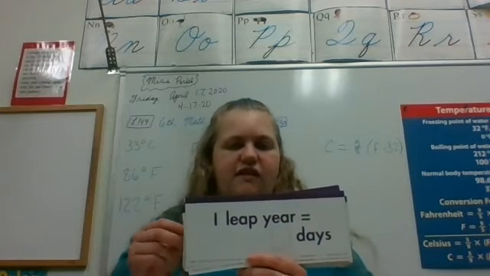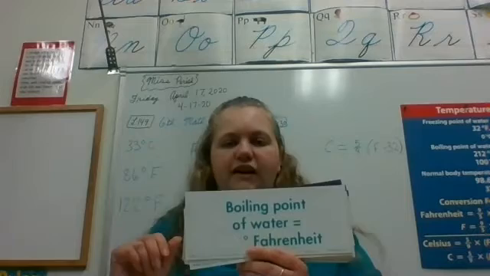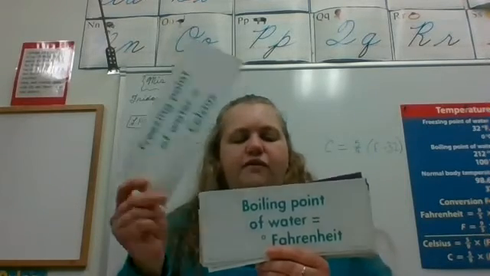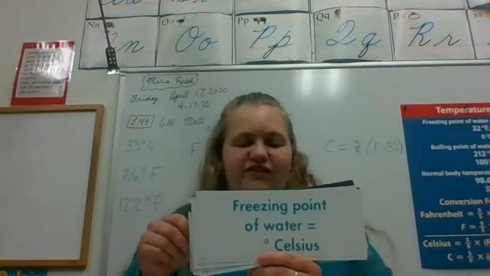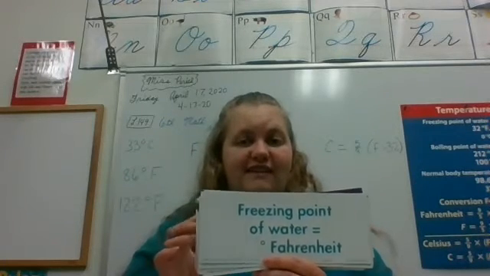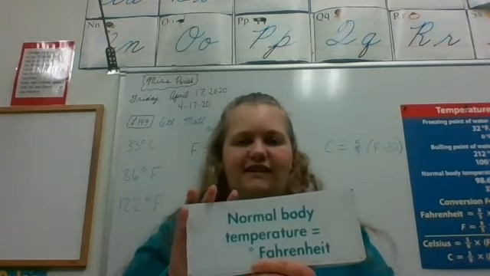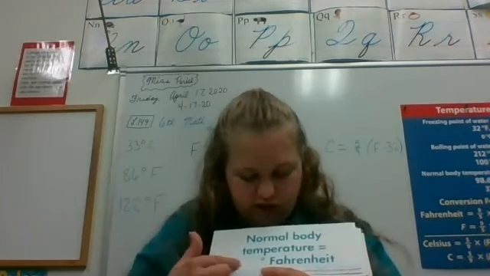All right, so these ones are what we're working on right now. Boiling point of water Fahrenheit, 212. What about freezing point Celsius? 0. Freezing point Fahrenheit, 32. Normal body temperature Fahrenheit, 98.6. Okay, so make sure you know that one.